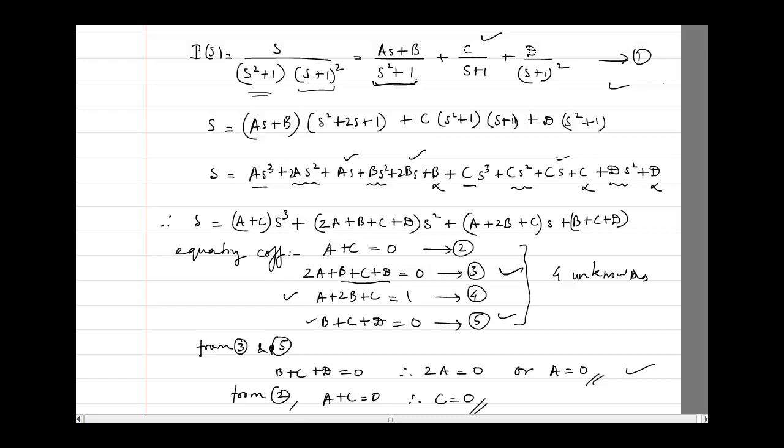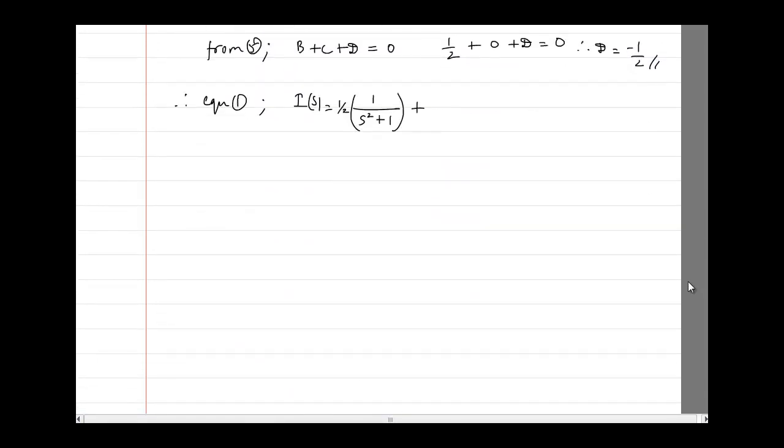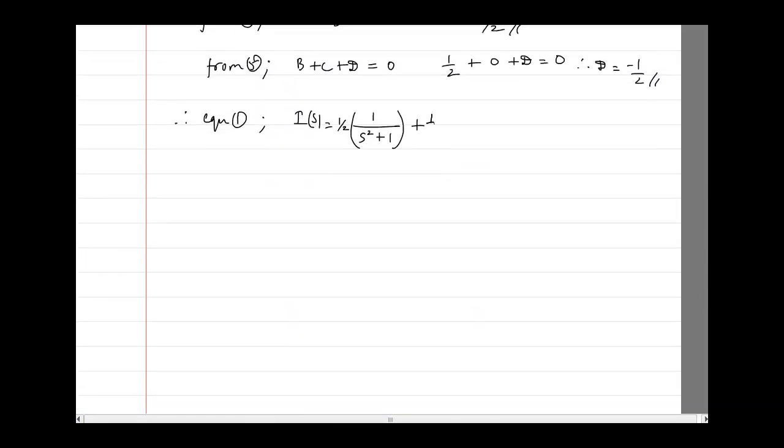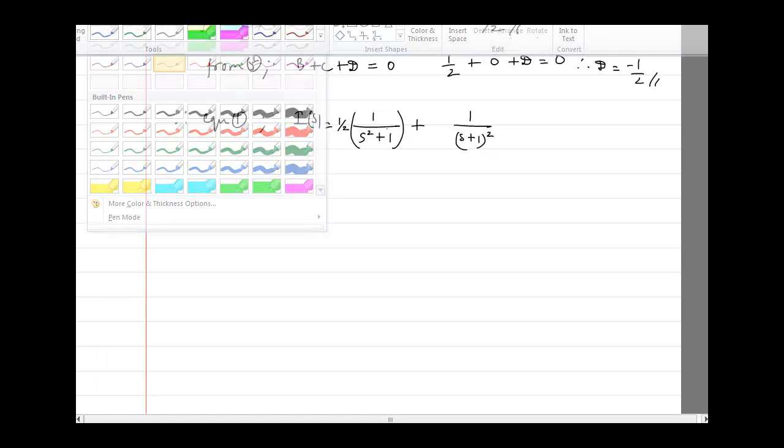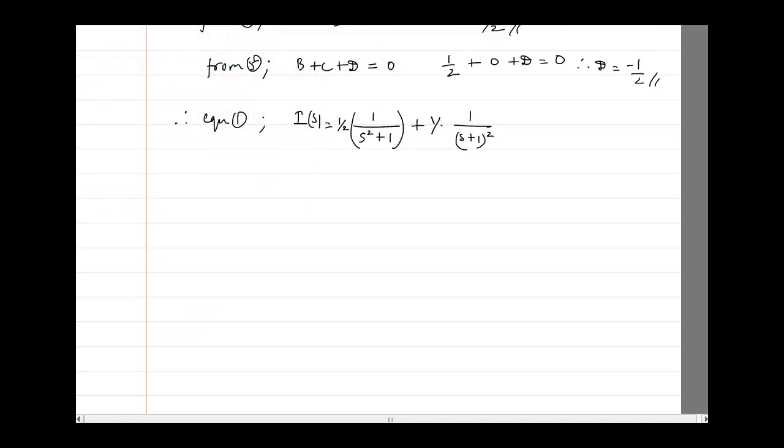D is 1 by 2, therefore I can write that term as again 1 by 2 multiplied with 1 divided by S plus 1 the whole square.